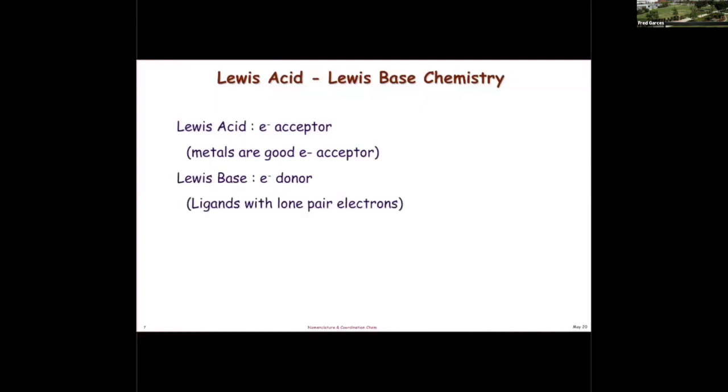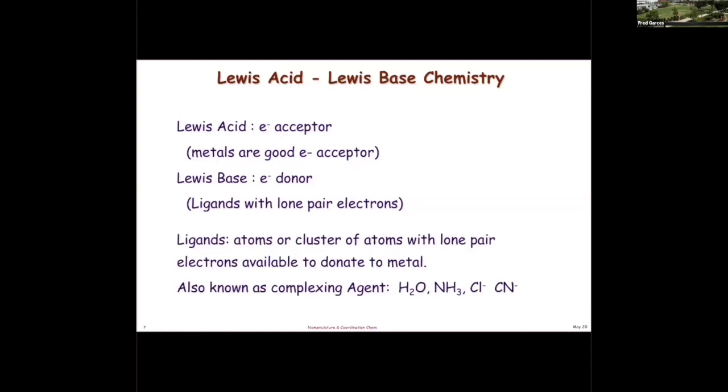And in coordination chemistry, that's very important because the metals are going to be your Lewis acids. They're going to have the d orbitals that are empty, available to accept lone pairs from the ligands. The ligands, however, will need lone pairs to donate to the metal, so they are going to be the Lewis base.